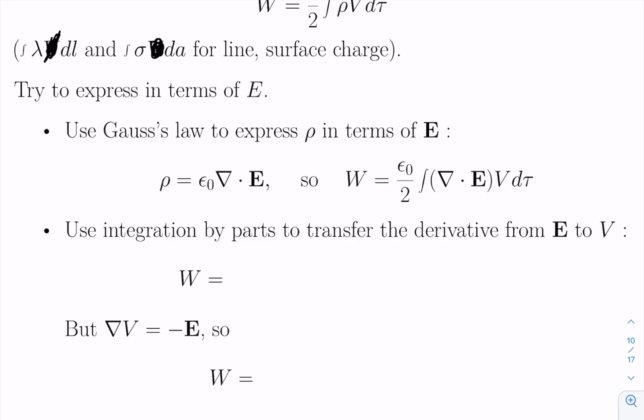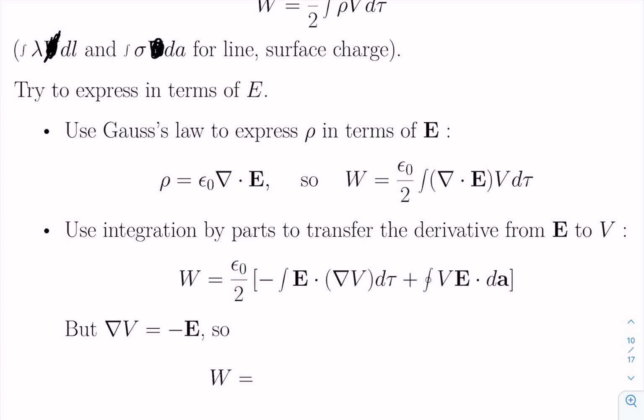And the integration by parts actually can do this, right? So instead of applying a divergence operator here, we can move this divergence to a gradient operator on this scalar v.